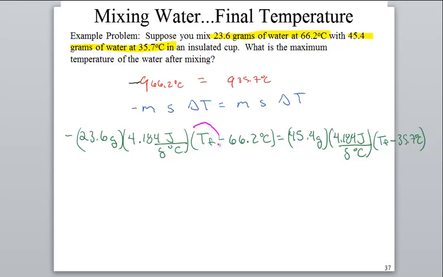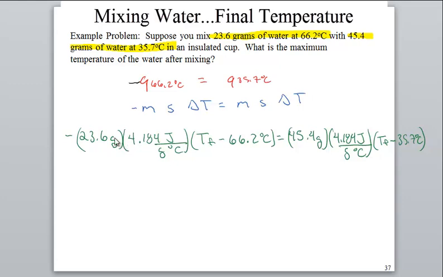So we're solving for T sub F. It's on both sides. So this is kind of like our X, but the variable is T sub F. Solving for that will give us our temperature final. So we need to rearrange the equation so we solve for T sub F. So the rest is just algebra.